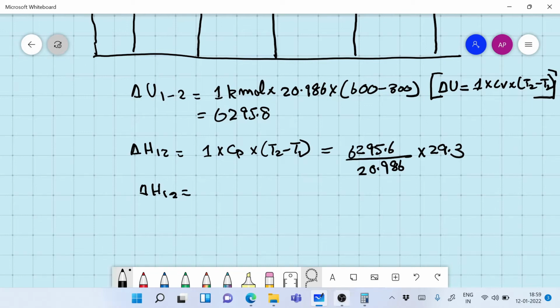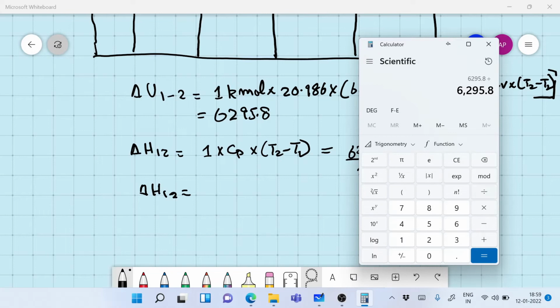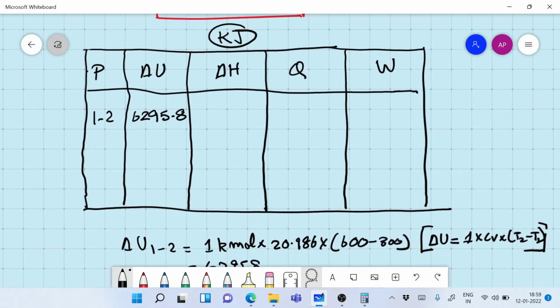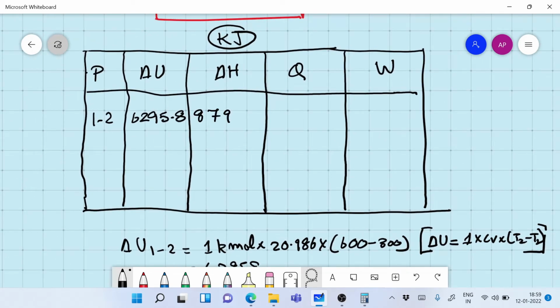So delta H12 is 8790 kilojoules. Now since this is a constant volume process, delta U will be equal to Q, that is 6295.8, and W will be equal to 0.